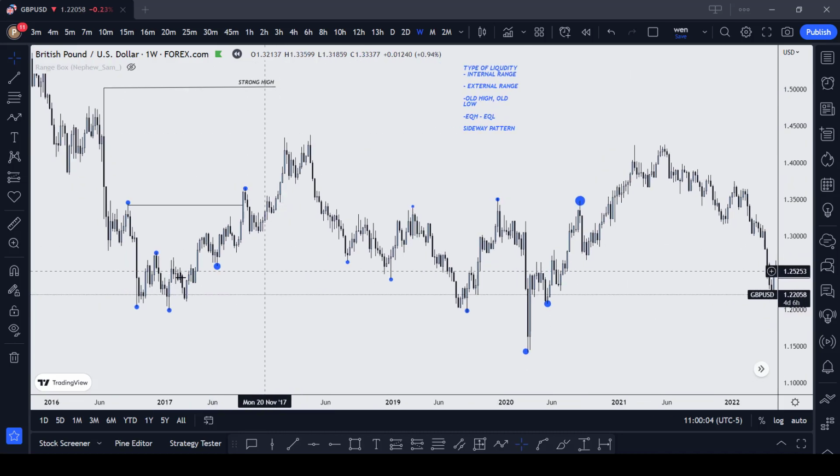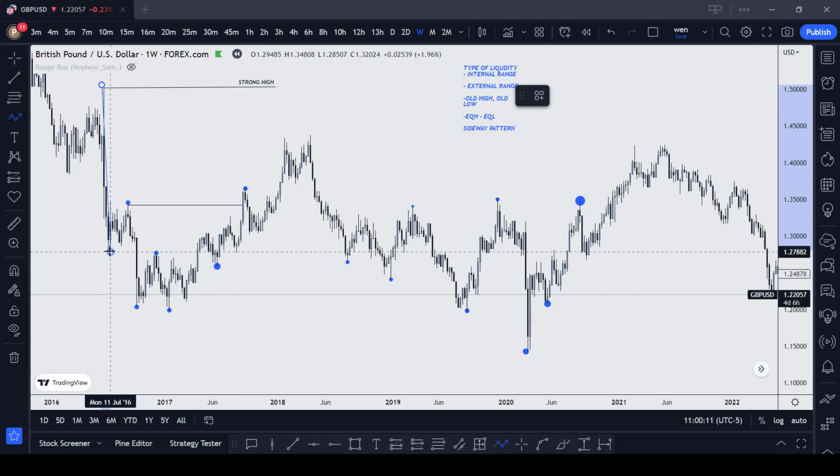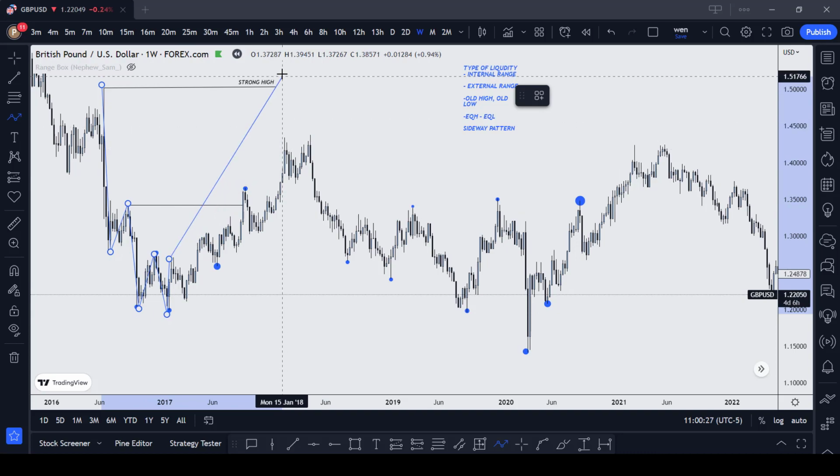Since this is a weak low, we can deduce that price came here and did a slight pullback, but didn't come back up here, right? A slight pullback and came down here, and was making slight movements. Even though it gave us a break of structure right here, this is still a weak low, because this low failed to break this high.